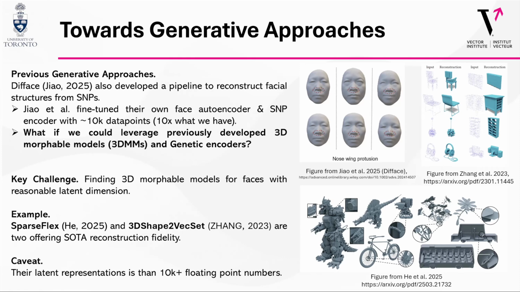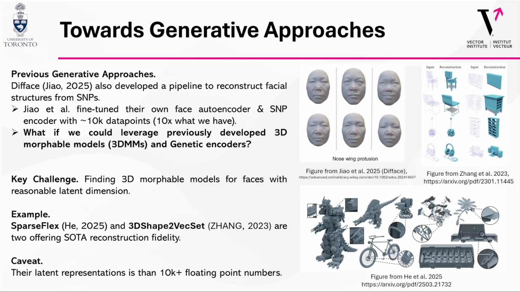Specifically, I was looking into 3D morphable models that are not necessarily for faces. We have these morphable models that represent any 3D mesh, like TripoSF, SparseFlex, 3DShape2VecSet, etc. These all have extremely good reconstruction accuracies for 3D models. The caveat is that their latent representation is 10,000 floating point numbers.